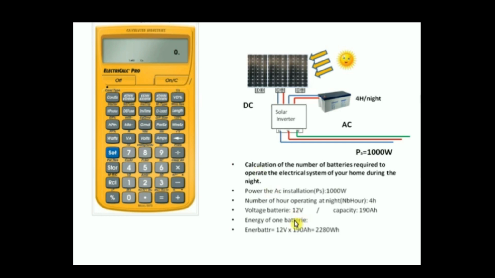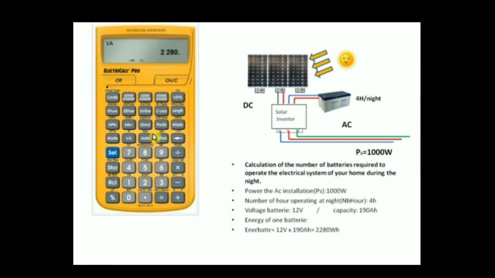First of all, we're going to enter the battery voltage, which is equal to 12 volts. So we have 12 volts. And now we're going to enter the capacity, which is 190 ampere hours. Then we're going to click on voltage amps so we can find out the energy of one battery.